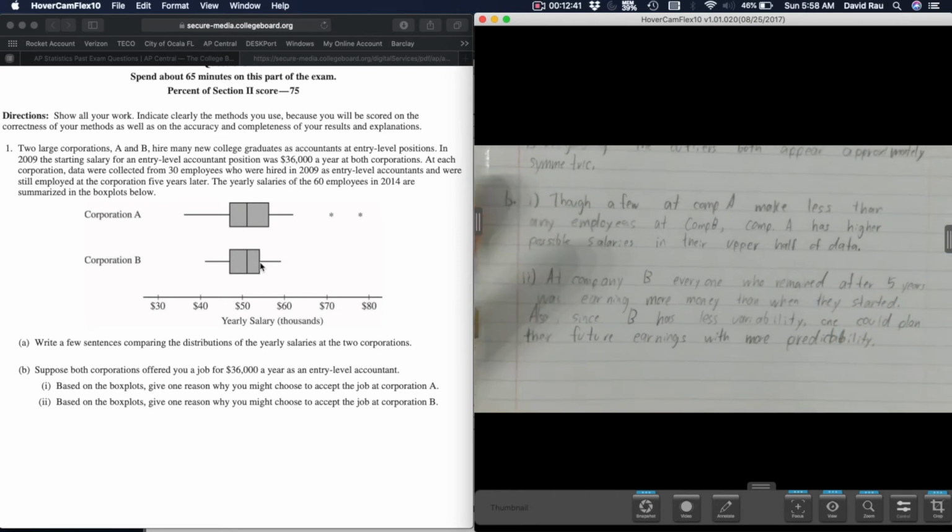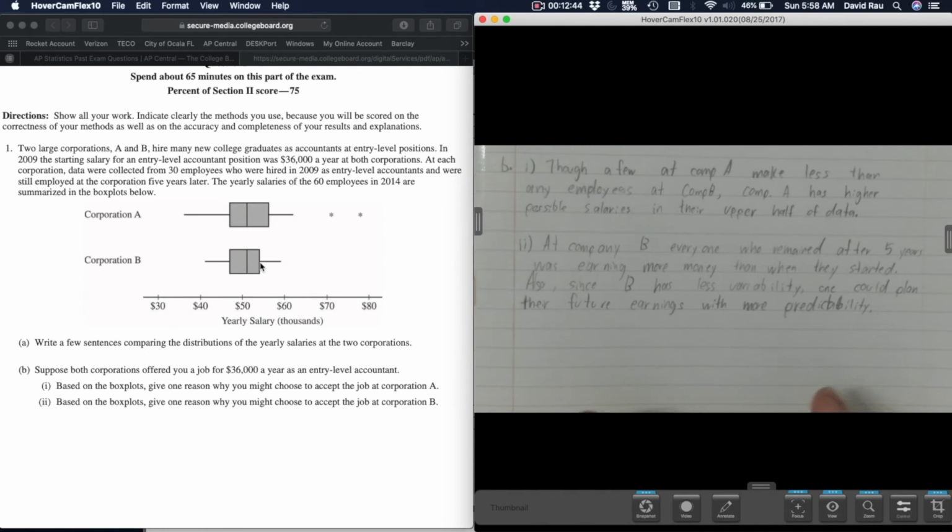Again, what I mean by that sentence is you could maybe word it better, but the idea is since the data is more closely centered, you have a better idea of what you're going to make in the future, and you at least know you're going to be making more in the future.